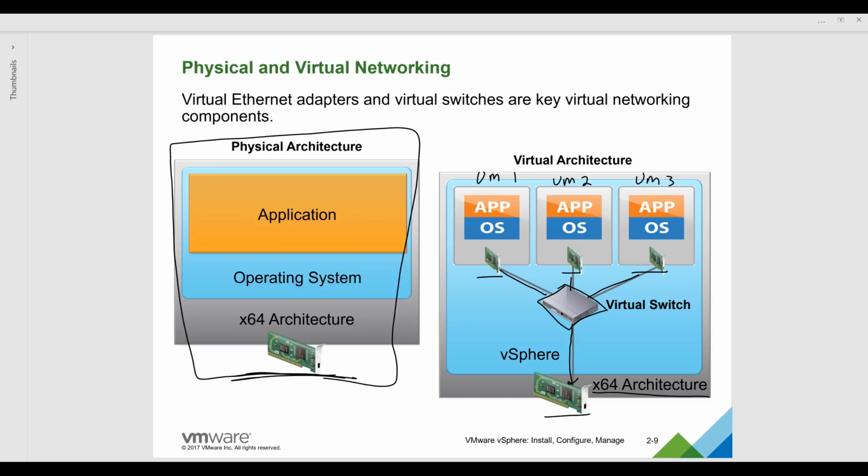Since we have this network card connected to a virtual switch, and we have 3 NICs configured, NIC 1, NIC 2, and NIC 3, all on the same virtual switch, what that allows is, say, I want VM3 to connect to VM1. Done, no problem. I want VM1 to connect to VM2. No problem.